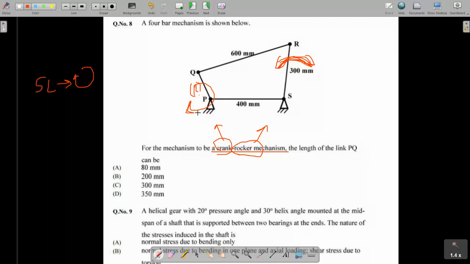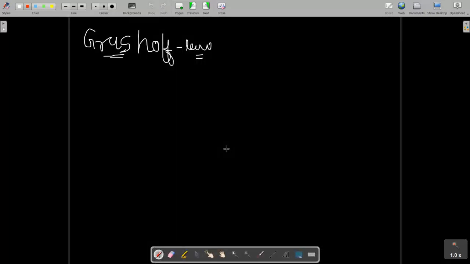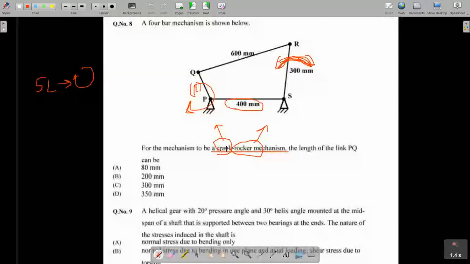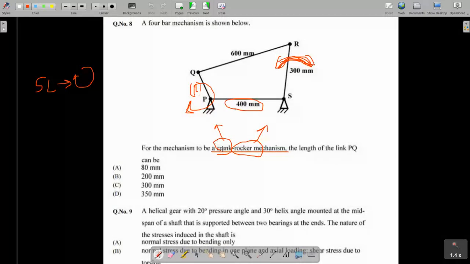So to make that mechanism, PS is the fixed link with a length of 400 mm. First of all, Grashof's law says that for a crank rocker mechanism, one link should move one complete revolution.